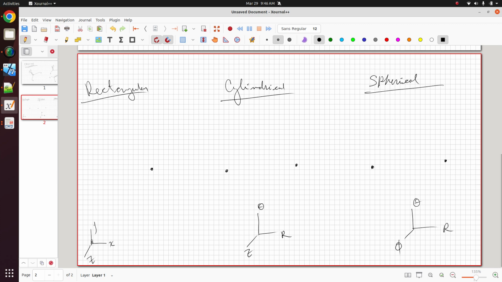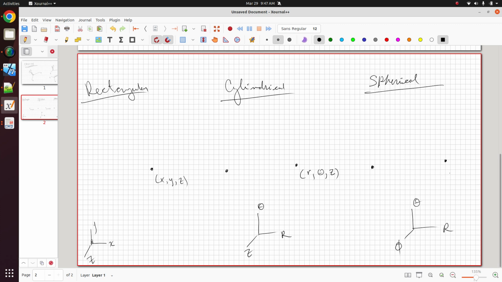Now, when you define the position of these points for rectangular coordinate systems, you might use a XYZ coordinate. And then for cylindrical, you might use a radius, a theta, and then a z. And then for spherical, you might be using a radius, a theta, and a phi.